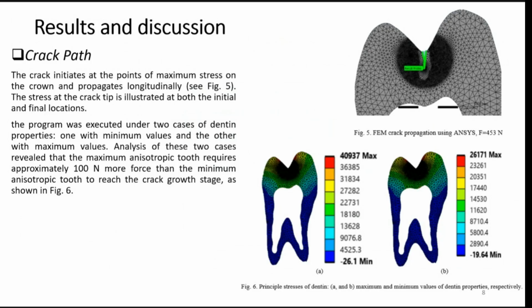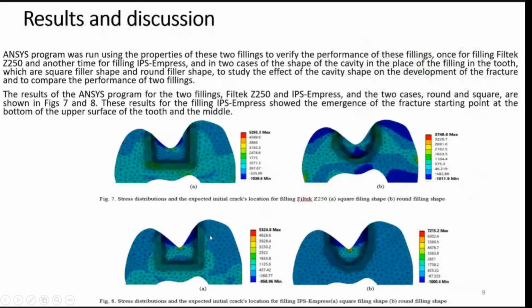Analysis of these two cases revealed the maximum anisotropic tooth required approximately 100 Newton more force than the minimum anisotropic tooth to reach the crack growth stage, as shown in this figure.